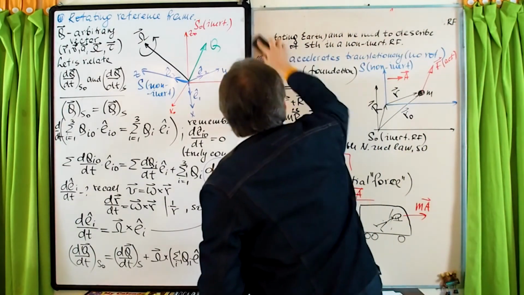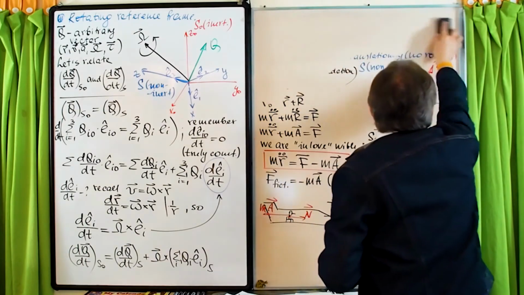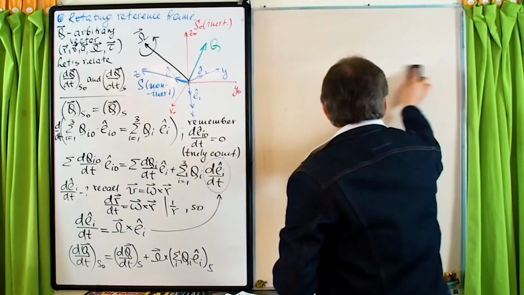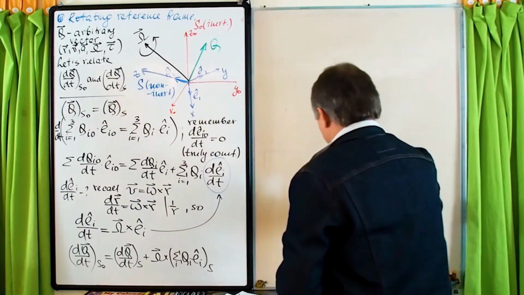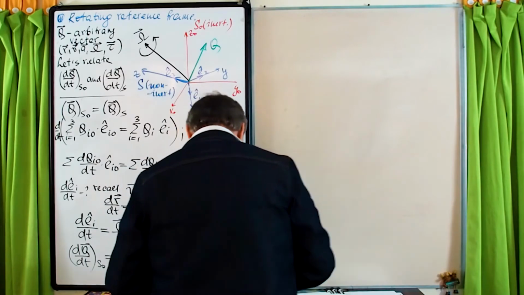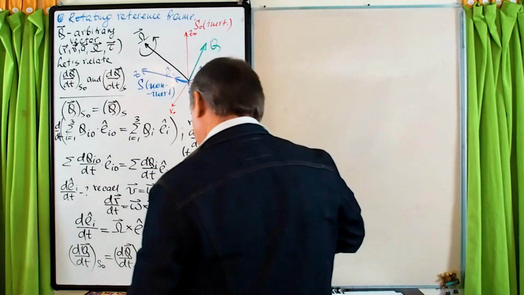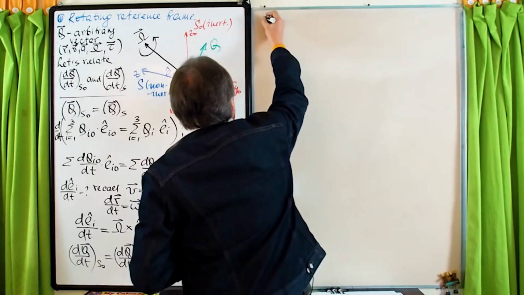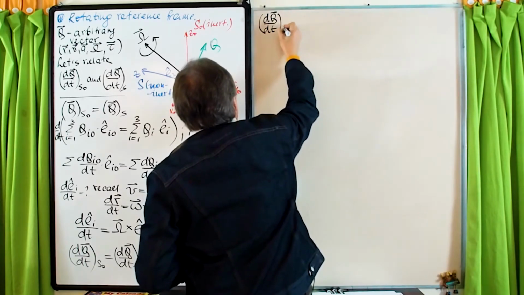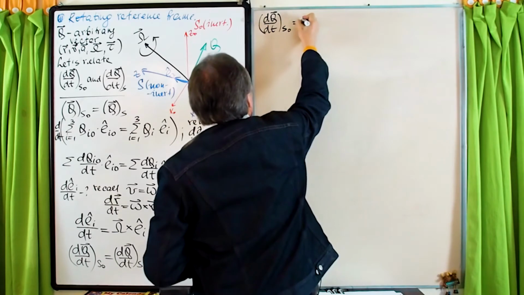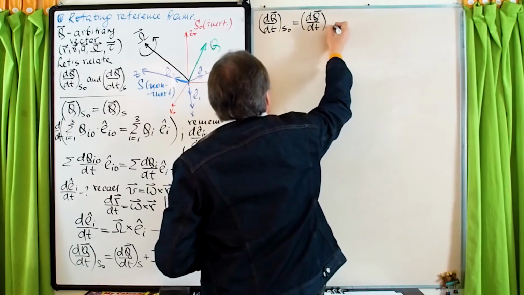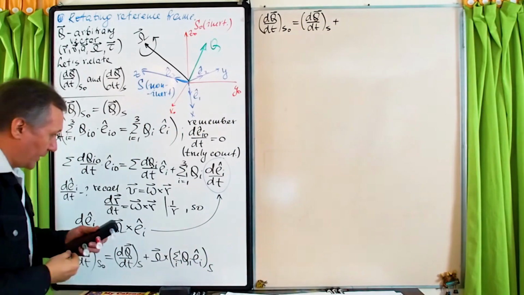Yeah, I will erase even the title. So, yeah, I just need to rewrite it and frame it so it will be dq over dt in the inertial reference frame equals time derivative with respect to t in S plus. You know what? Probably I will write here.